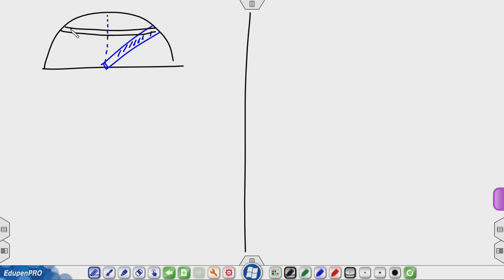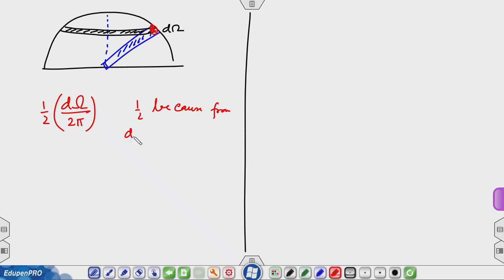If I take a small d omega here, then d omega over 2 pi is the probability that these molecules are coming from angle theta, and 1/2 because from d omega molecules may come towards A or go away from it.